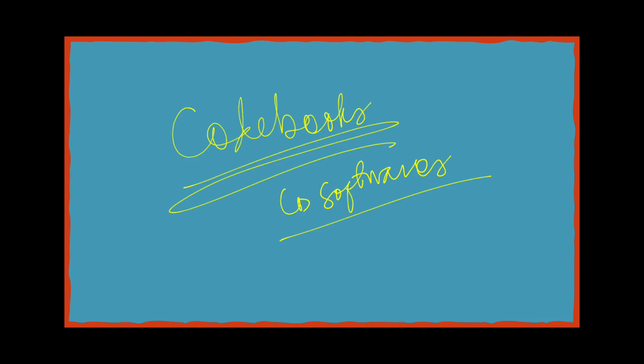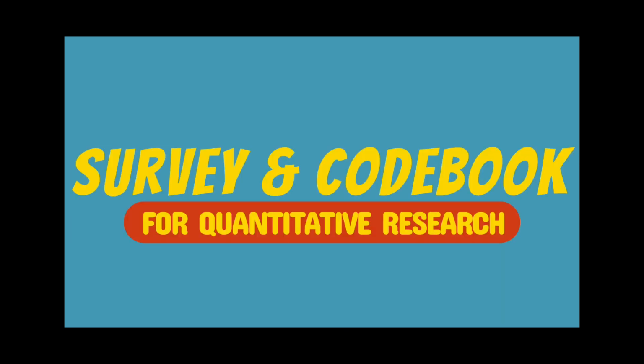I will not be able to teach you in this specific video, but I will be recommending a video for Jamovi, on how you do variable descriptions and how you prepare a sort of code book for the database that you have downloaded, or for the database that you are just about to create. I will give you that so that you can have an idea or skill on how to do that.